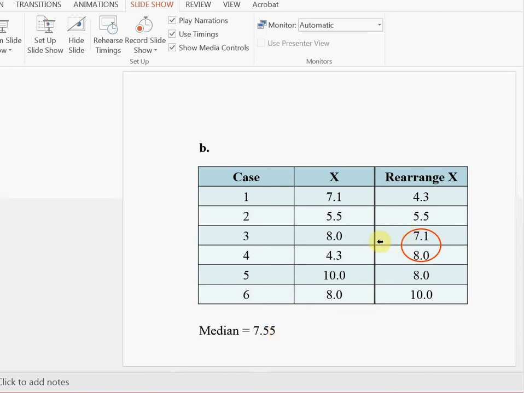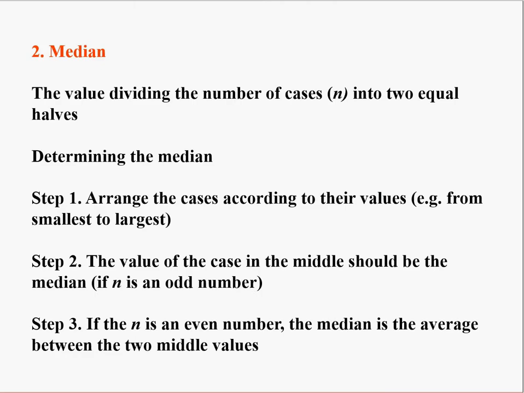It would occur between 7.1 and 8.0. So this value divides the data set into 2 equal halves. Below 7.55 you have 3 cases. Above 7.55 you have 3 cases. Okay, this is the median.